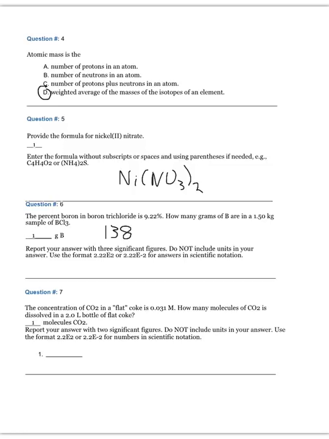Question number 7. The concentration of CO2 in a flat Coke is 0.031 molar. How many molecules of CO2 are dissolved in a 2-liter bottle of flat Coke? Report your answer with two significant figures. Do not include units in your answer. Use the format below listed for numbers in scientific notation.